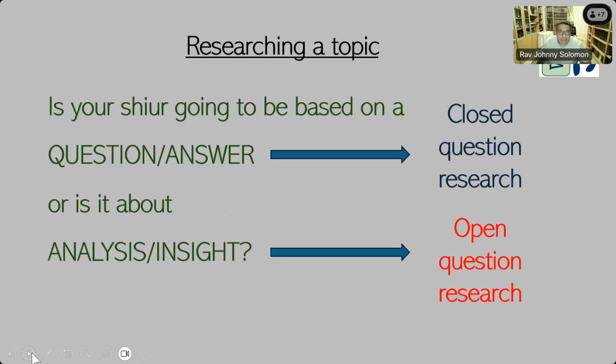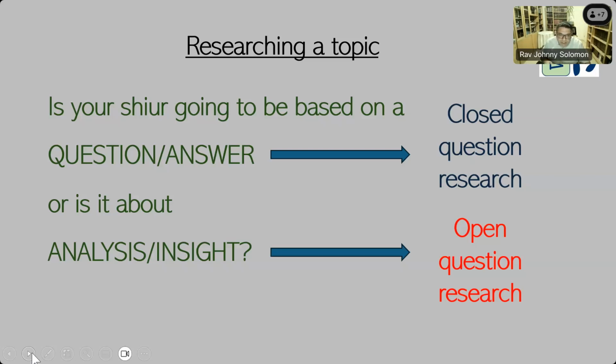With that in mind, I want to begin by reminding you of the last thing I mentioned in our last session. I said most shiurim, and of course there are always exceptions, are either a question and an answer, or a series of answers, or they are about analysis and insight. They're not just about a question or an answer. They're trying to understand a text or a concept.